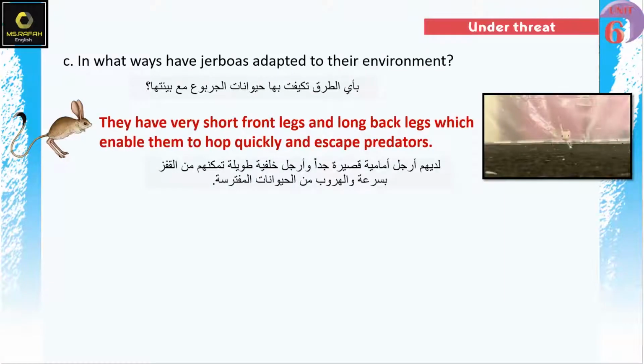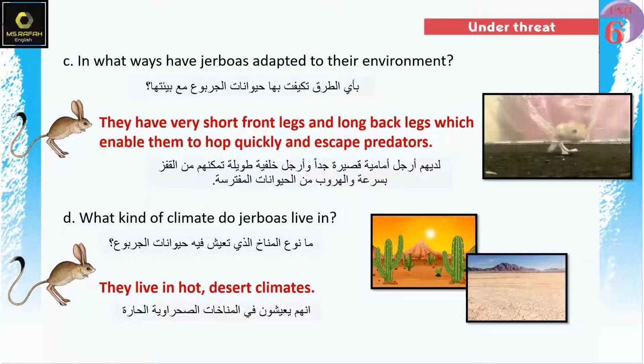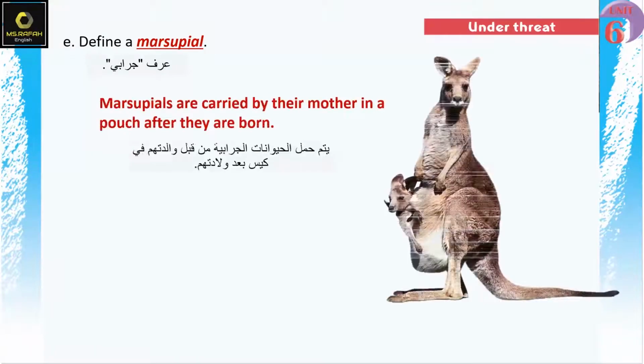They have very short front legs and long back legs, which enable them to hop quickly and escape predators. What kind of climate do jerboas live in? They live in hot desert climates. Define a marsupial. Marsupials are carried by their mother in a pouch after they are born.